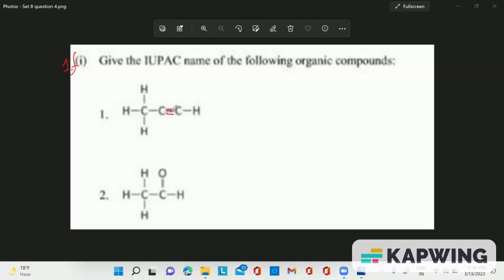Okay, and there are 3 carbon atoms, and this is basically the structure of my propene. And if you see this next structure, there is also an OH group over here. Okay, and for that reason, this structure corresponds to the IUPAC name of ethanol.